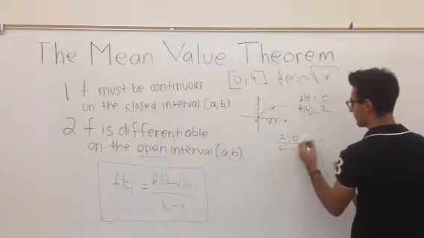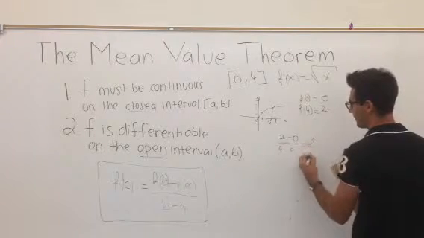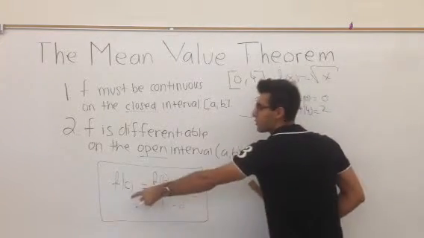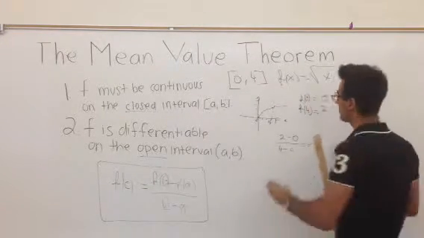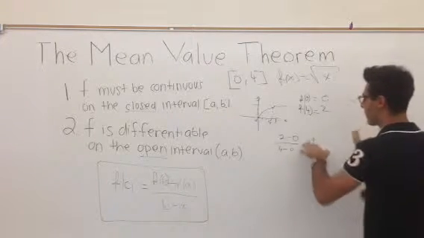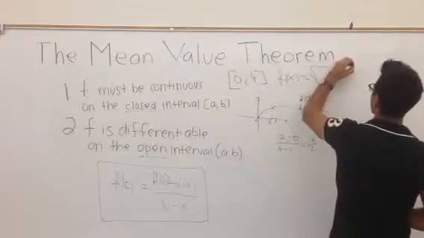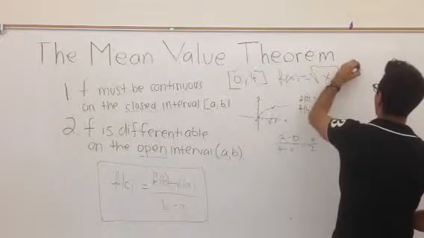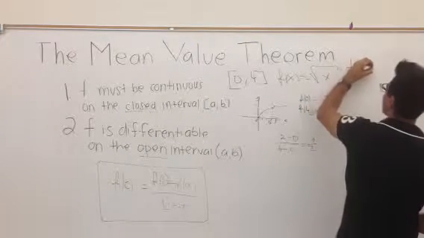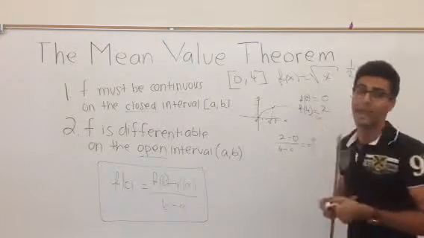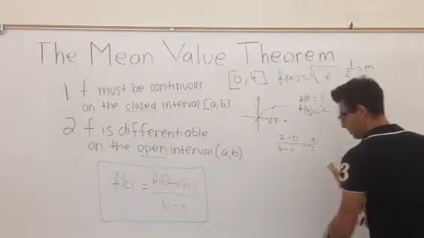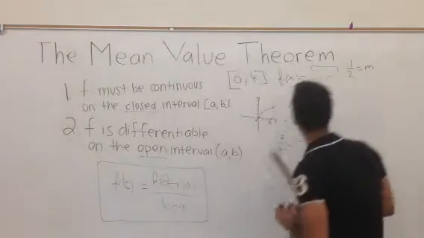What do we get? 1/2. So we have this part now, but we still need our derivative. I'm going to write the 1/2 right here, so we can remember this is our m. And keep in mind that this is the average slope. So let me erase this part.